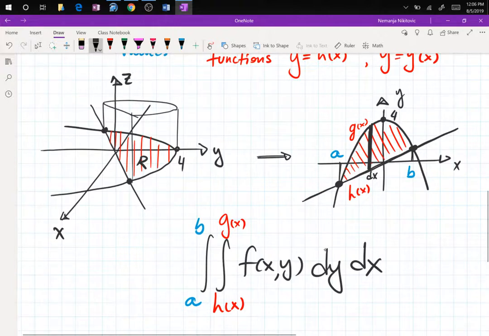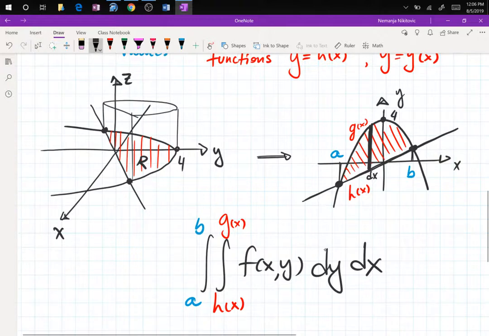Whatever is the outer integral, that's the representative rectangle you draw, and the rest is easy. Look, dx, the outer integral, the limits for x are going to be from a to b, because that dx moves from left to right.